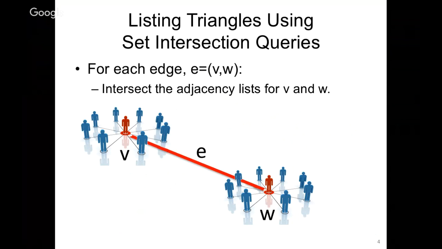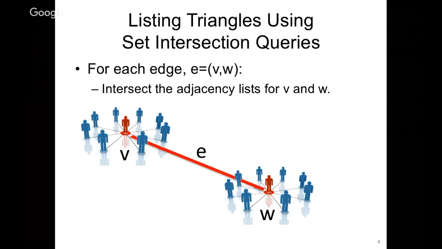So how can you use this to solve the triangle listing problem? There's a very simple algorithm that is probably even the first thing that anyone would think of when designing an algorithm for triangle listing. Namely, assume that your graph is represented in an adjacency list format, where you have the adjacencies for every vertex stored in some kind of set representation.